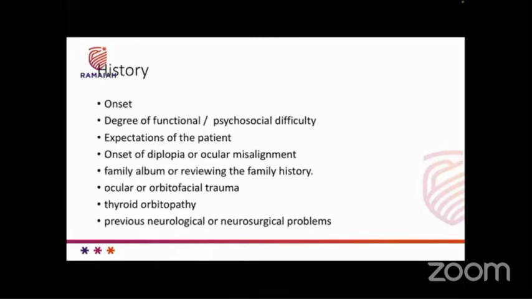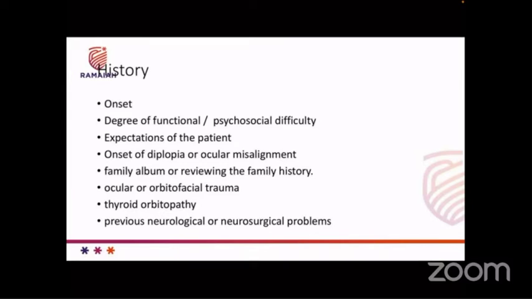So when you have a case of restrictive strabismus, what is the pertinent history that you've got to take? As is the case with any disease, and particularly strabismus, you need to ask the onset of strabismus, whether or not there is any functional or psychosocial difficulty, and if there is, what is the degree of that difficulty, and importantly, the expectations of the patient. Also, you ask about onset of diplopia or ocular misalignment.